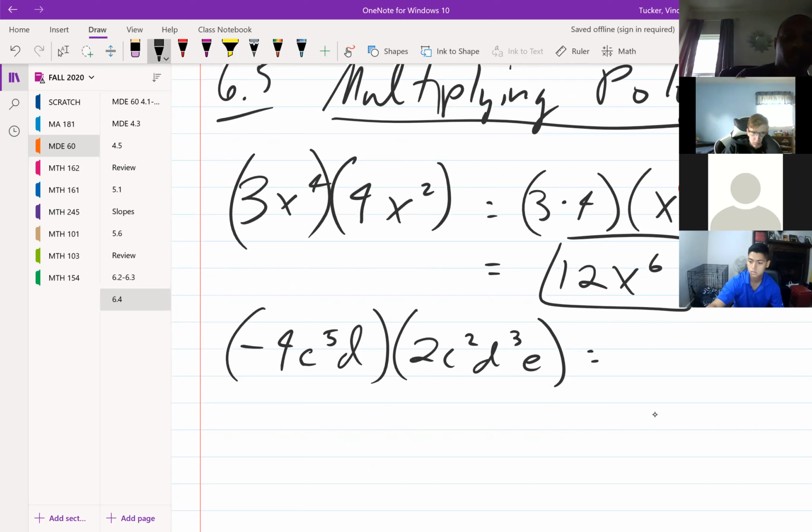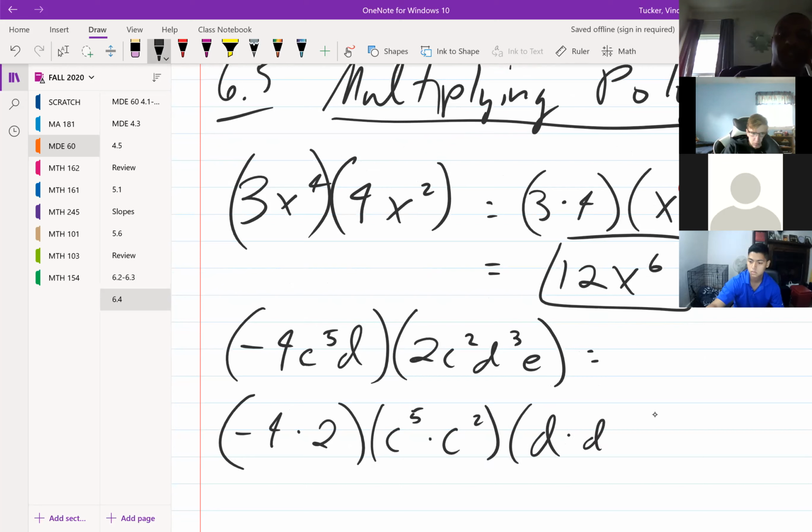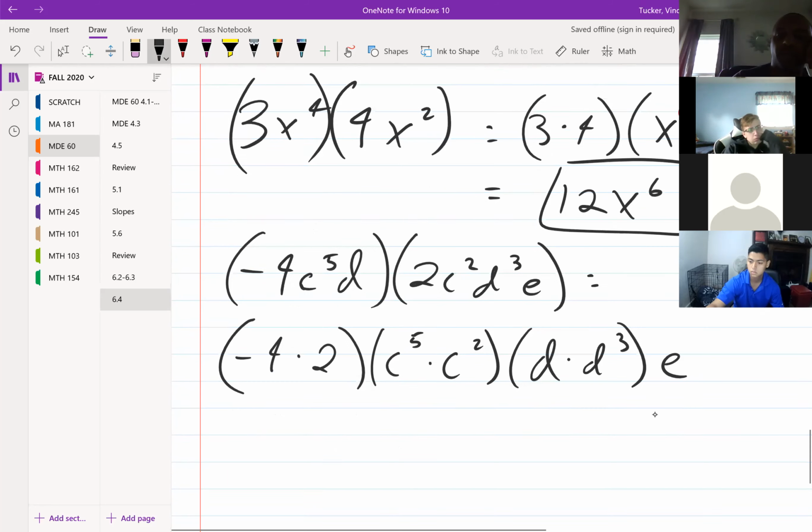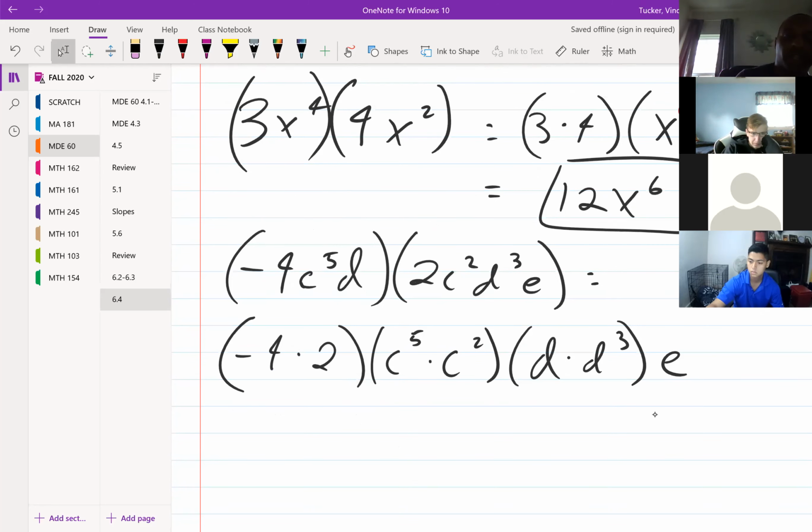Here, negative 4 times 2, c to the 5th times c squared, d times d to the 3rd, and then e. It's just in the back, nothing we can combine e with. Negative 4 times 2 is negative 8. c to the 5th times c squared is c to the 7th.